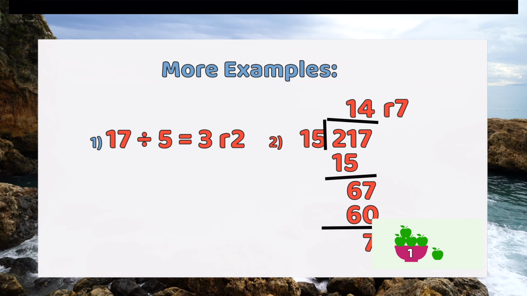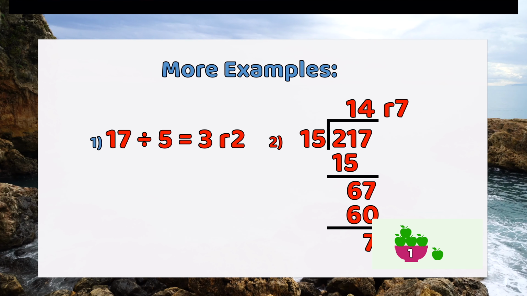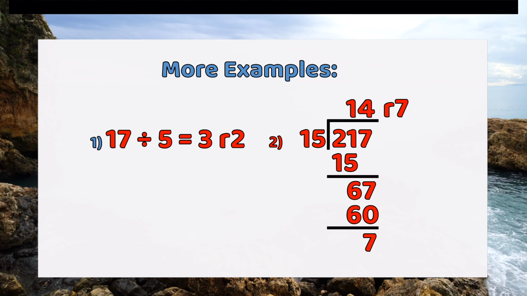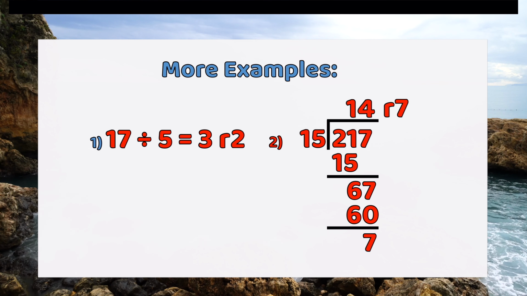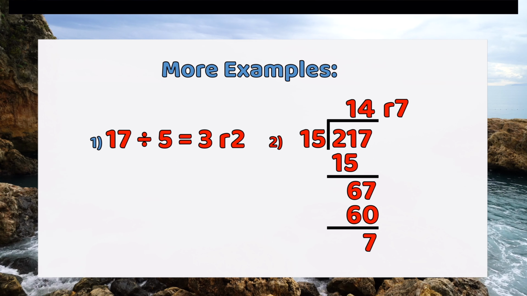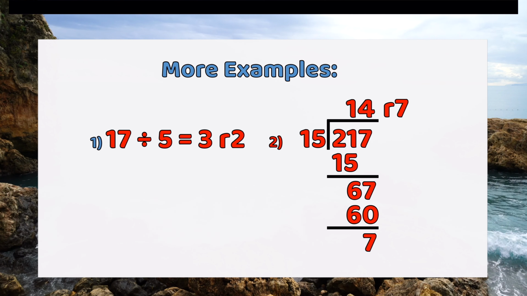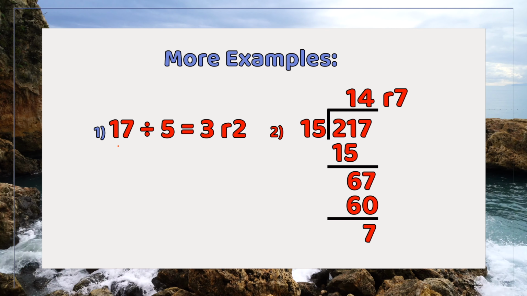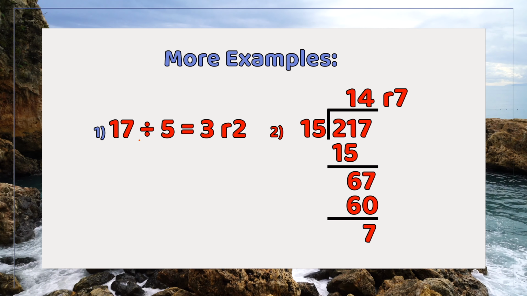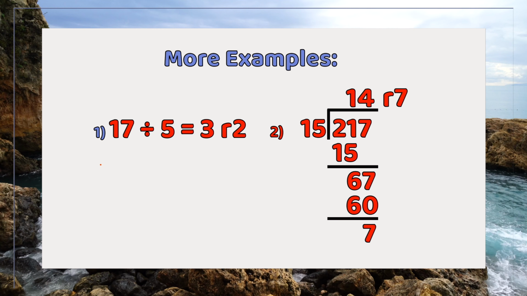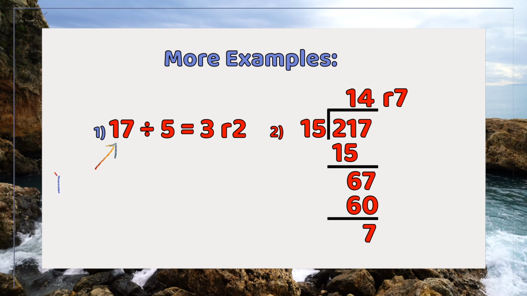Okay, let's take a look at some examples here. So in our first example, we have 17 divided by 5. Now we're dividing by a single digit, 5 here, and our answer is there are 3 groups of 5 and a remainder of 2. So here 17 will be the number that goes inside the bus shelter. So this we call the dividend.